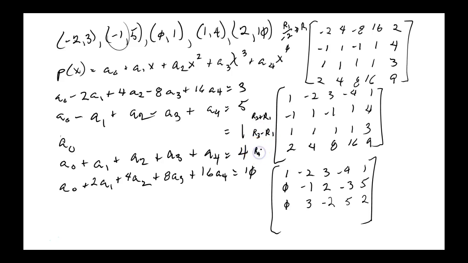Row 4 minus 2 row 1. That'll make that a 0, right? Okay. So that'll give us a 0, yeah. 2 minus 2 is 0. Okay?